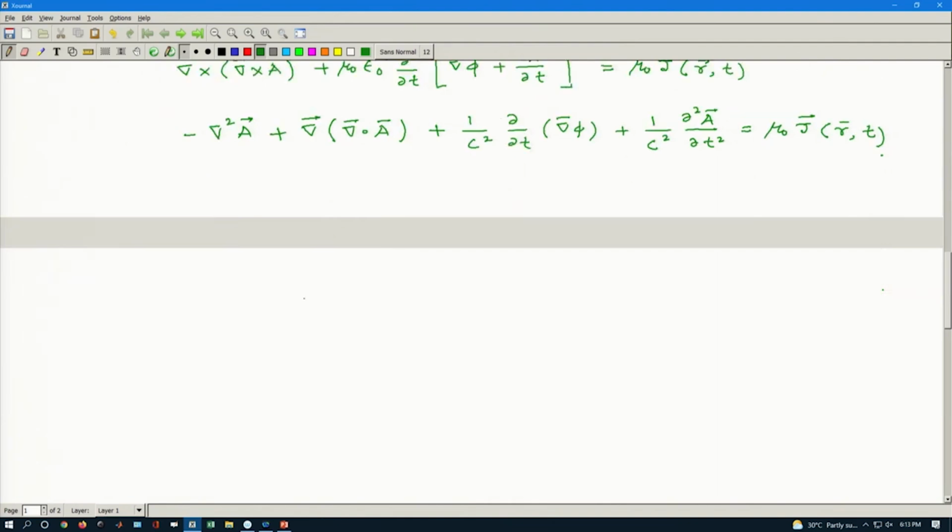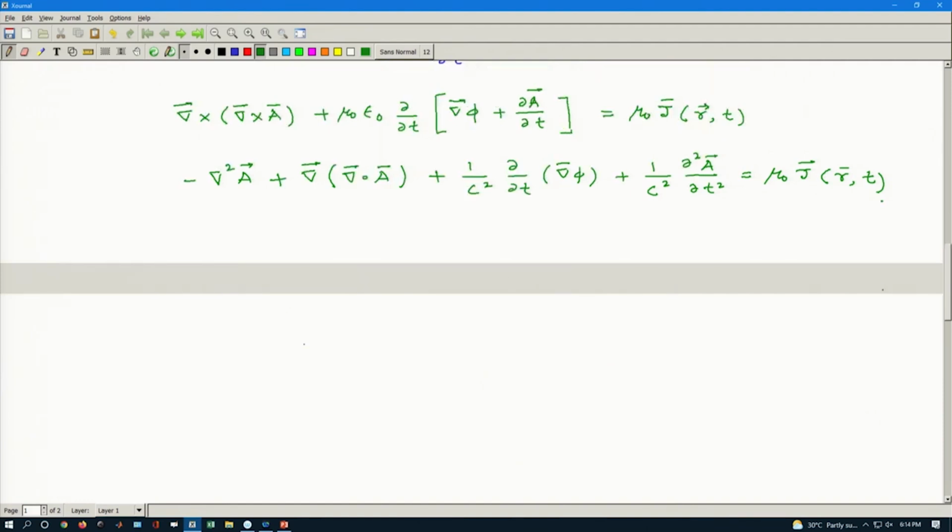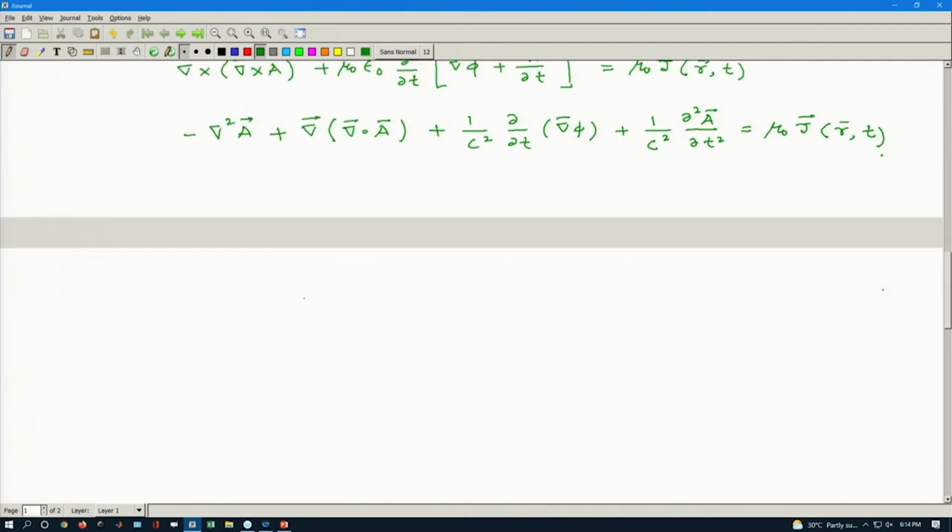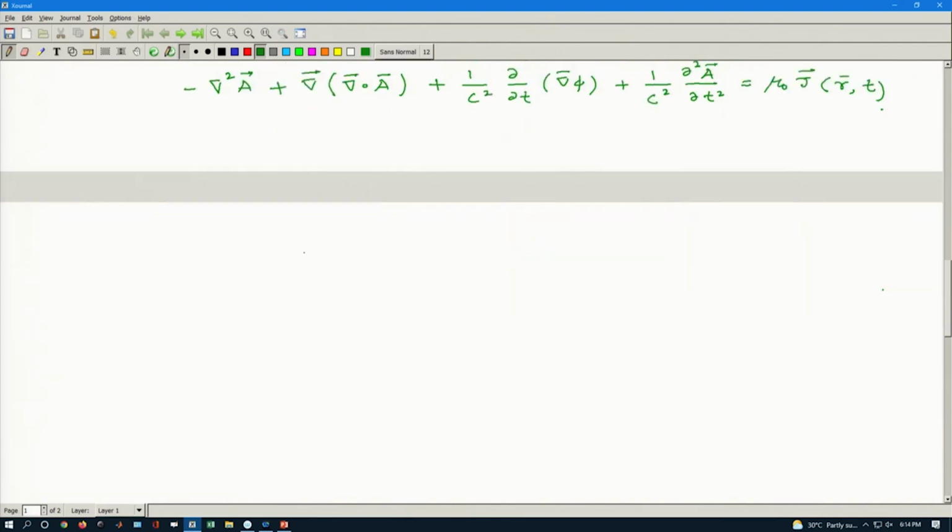Okay. So, we have an equation where many terms are there, but anyway. So, let us combine a few terms here and let us do it in this way. Let us write this equation like gradient of, because we have two gradients. So, gradient of divergence of A, and then plus 1 by c square, then we have del phi del t.